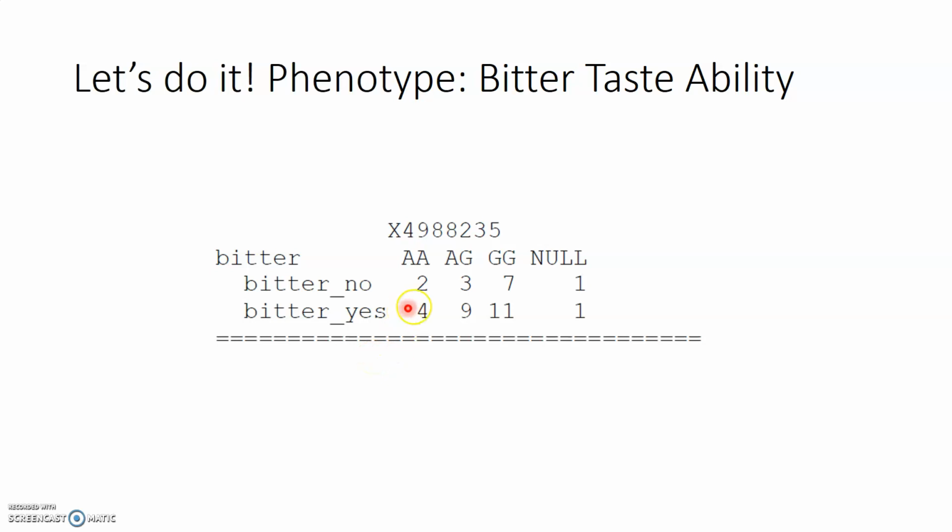So you see 2 people cannot taste the bitter taste and are homozygous for the A allele, and so forth. And this is at SNP X4988235.